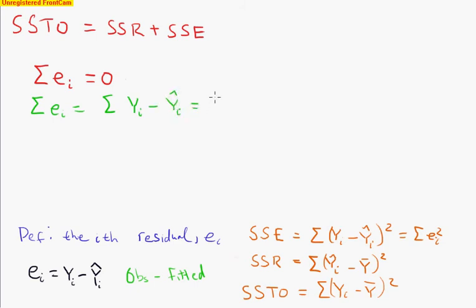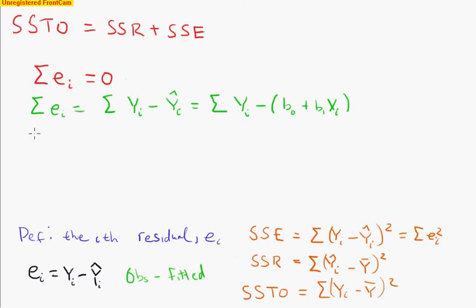We know what y_i hat is: b naught plus b1 x_i. And we know what b naught is. We have that formula for it, so let's use that.